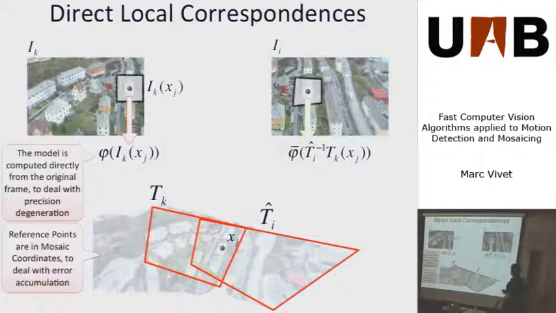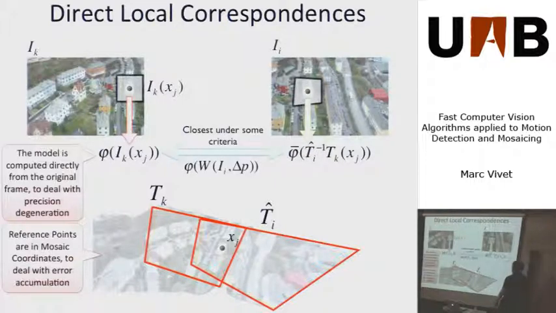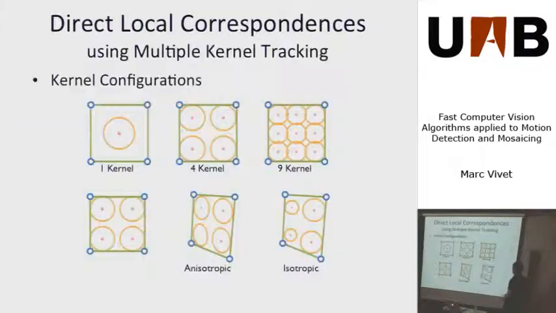When we do that, the warp needed to compute the equivalent patch is compensated by the frame where the patch was extracted. And because two similar frames have similar transformations, at the end, the warping of the patch is very low. And then we find the alignment parameters for each point, and choose under some criteria.